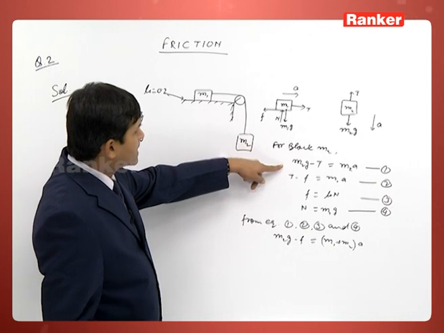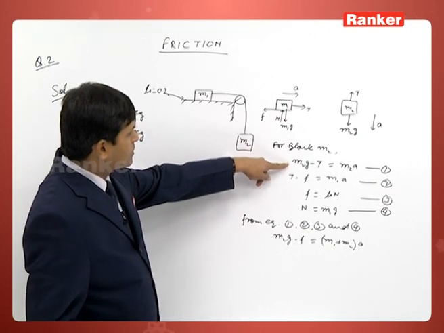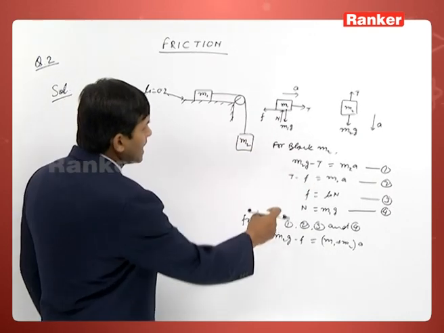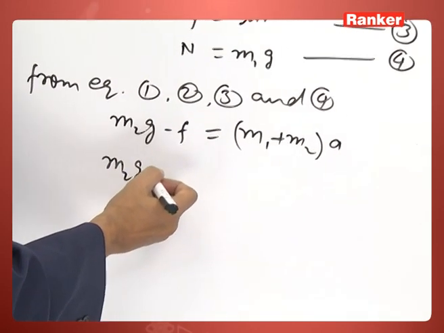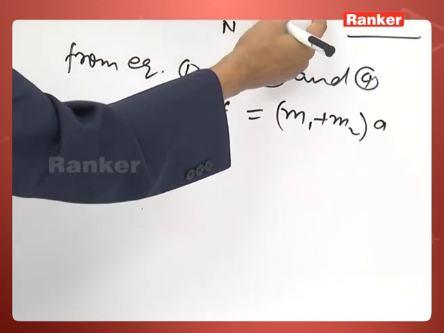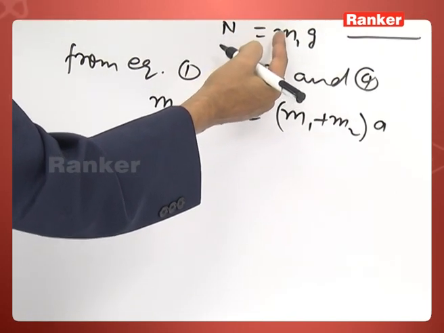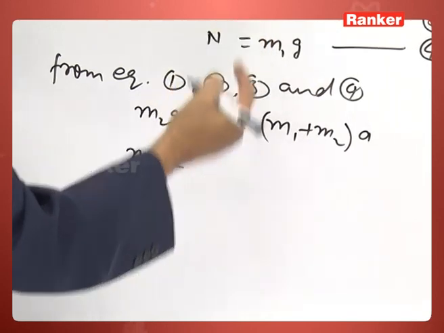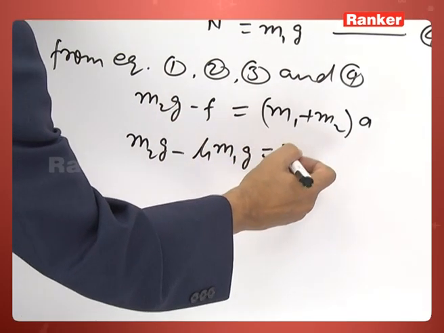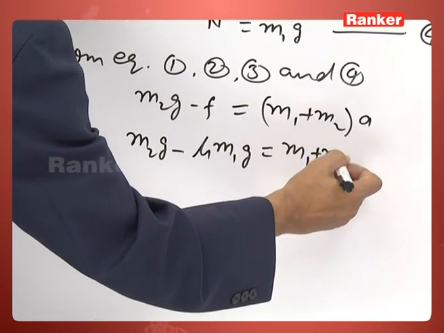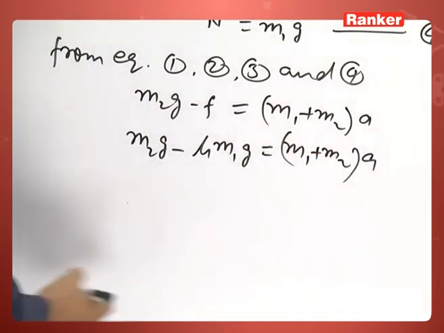On adding the first and second equation, we are getting m2g minus F, and F is mu into N, where N is m1g, so m2g minus mu m1g is equal to m1 plus m2 into a.